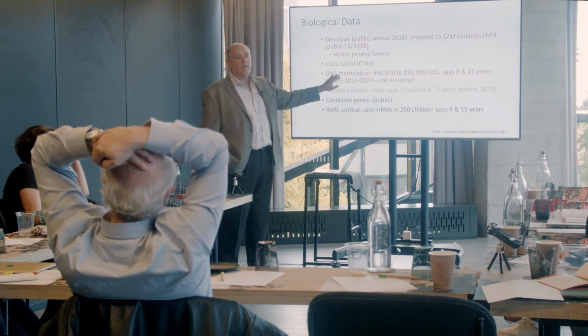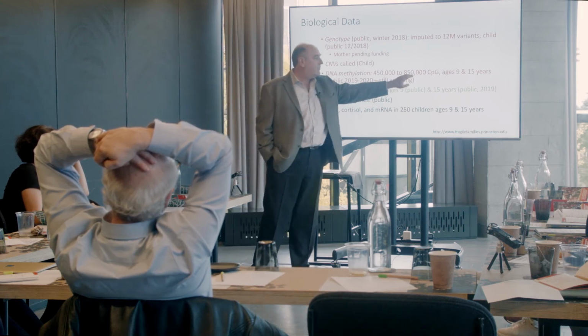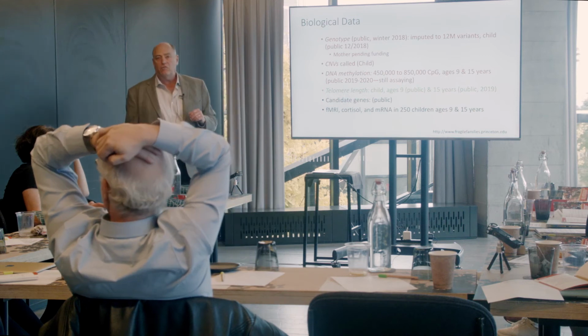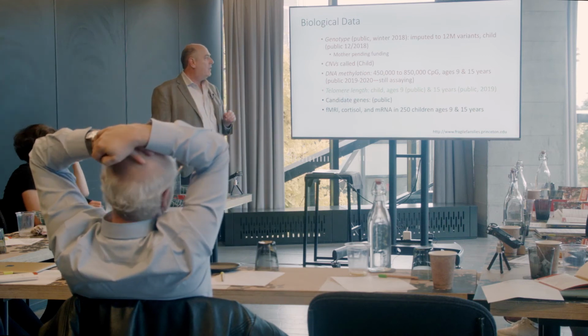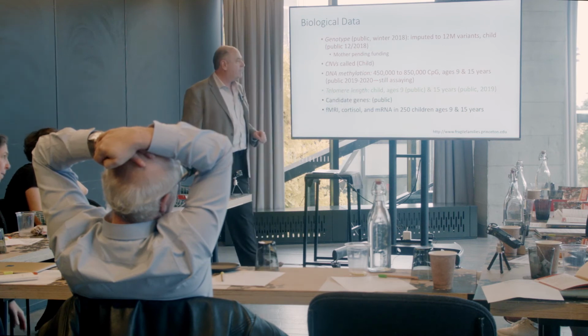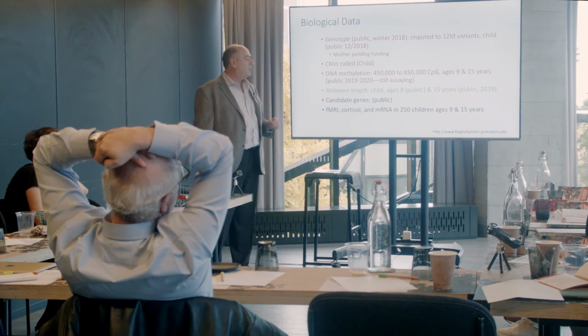We have DNA methylation data at the 2 periods, ranging from 450,000 to 850,000 CpGs, which are the genetic locus of methylation. We'll make this public in 2019 and 2020. We have telomere data, and I'm going to show you some slides from a couple of papers.